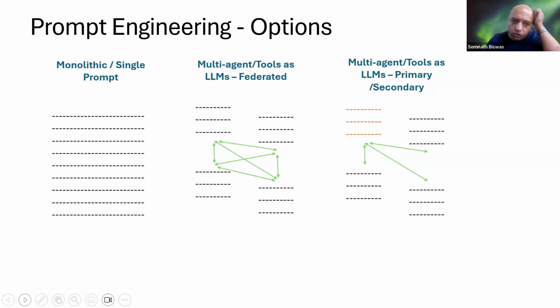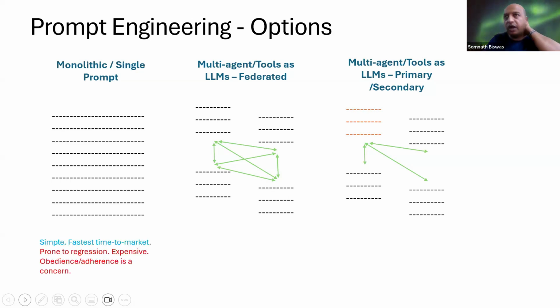Now, why go through this entire rigmarole of multiple agents? I'm pretty sure that when any of you try out an enterprise use case, you're really talking about fairly large prompts. Whilst it's very easy and simple to get started, many times it is very prone to regression, because you put this live, you see a bug, you fix one bit of the prompt, and there is no guarantee, and inevitably we've seen that some other bit of the prompt starts behaving slightly differently.